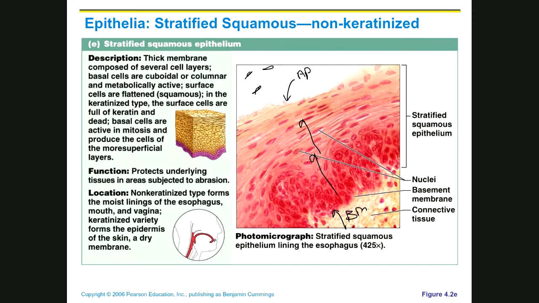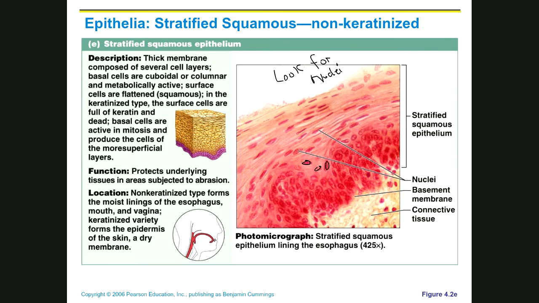Well, the way to tell that this is non-keratinized versus keratinized is we're going to look for nuclei in the outer rows. If nuclei are present, it's non-keratinized. So look, down here we have nuclei, but that's not where we're going to look.